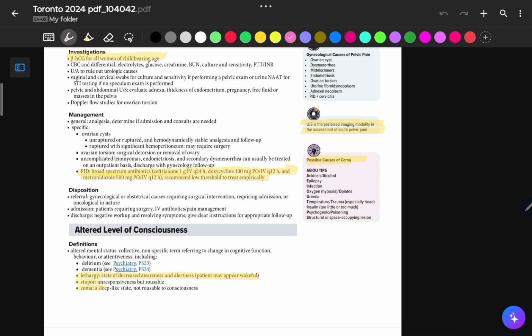Okay, so recommend a low threshold and treat empirically. So three drugs: ceftriaxone 1 gram, doxycycline 100 milligrams, and metronidazole 500 milligrams.